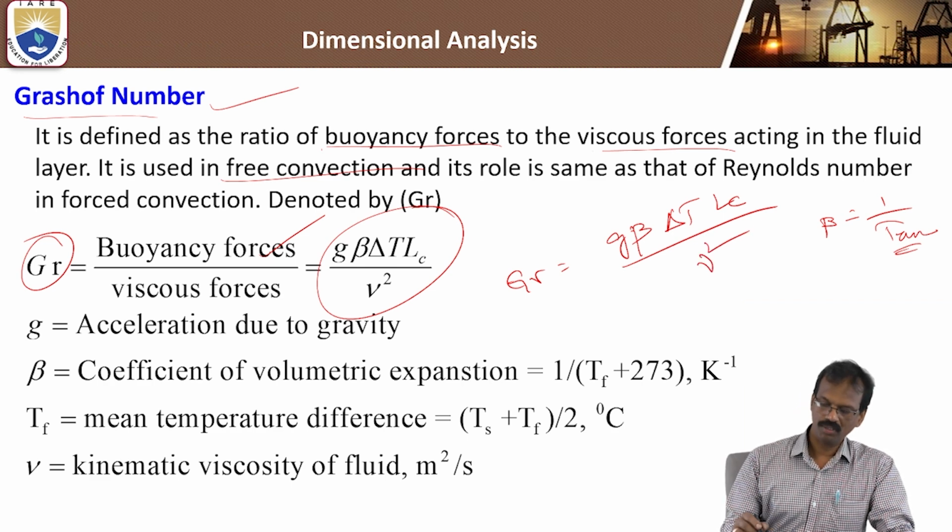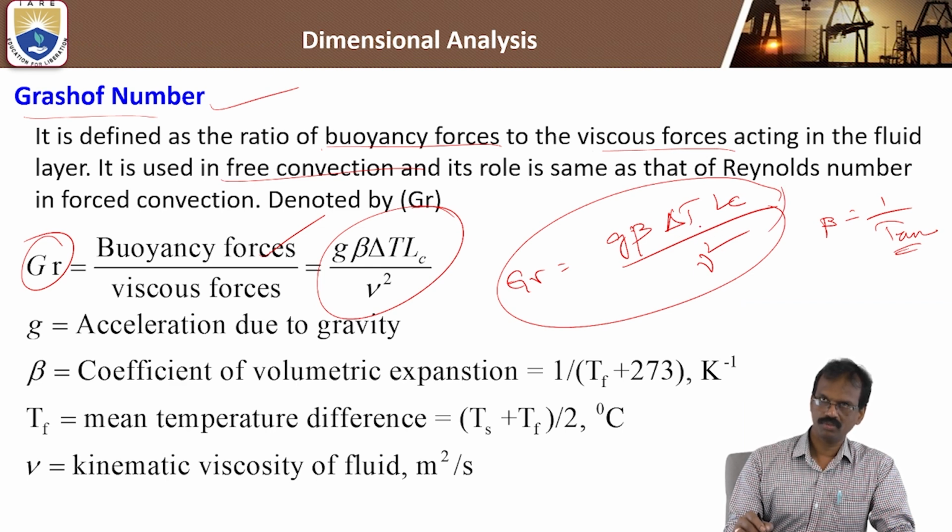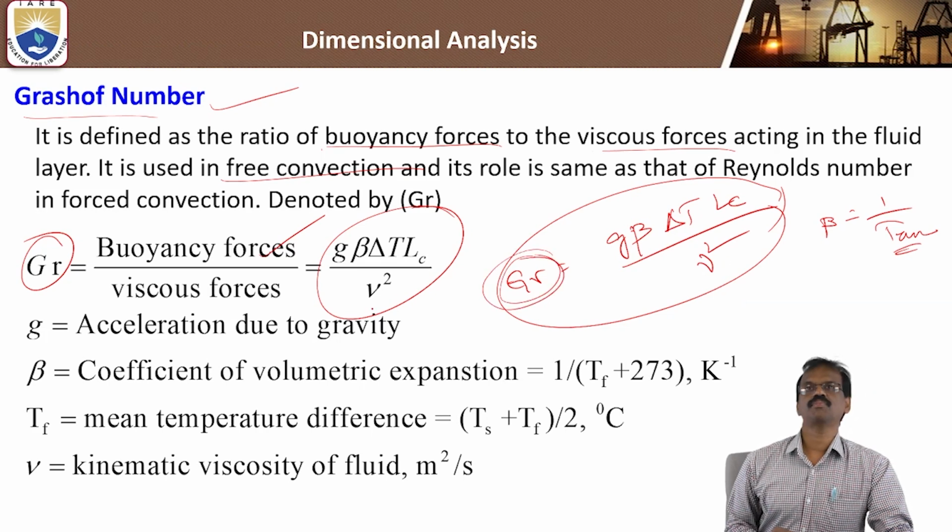So this is the formula. All these variables which affect the convection process are converted into the Grashof number. By studying this Grashof number, you can understand the condition of the convection process.